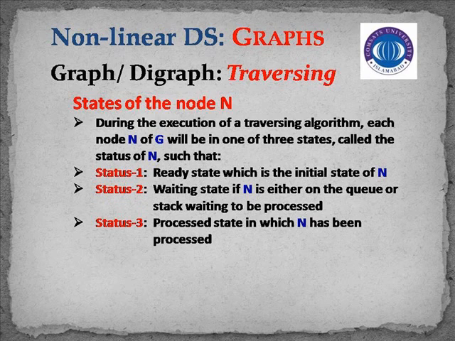Status 2 shows the waiting state if the node n is either on the queue or on the stack waiting to be processed. Finally, status 3 represents the processed state in which the node n has been processed.